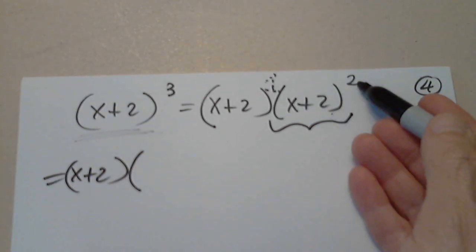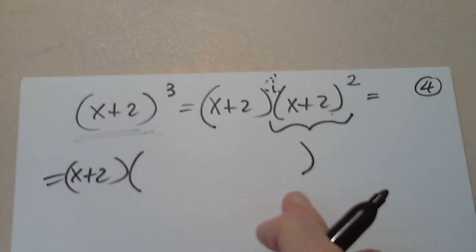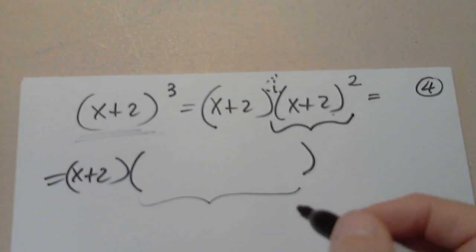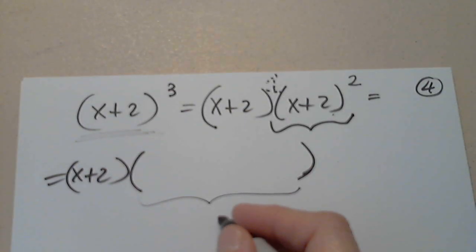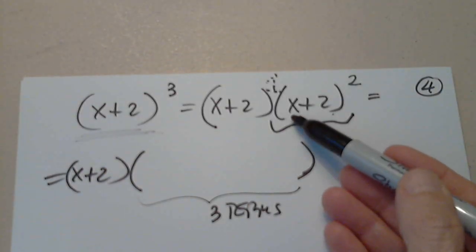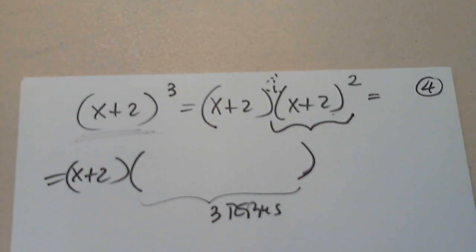Now when I square a binomial, how many terms will you give me? Three terms. Perfect. Please square the first term, square the last term, and then we'll talk about the middle one.